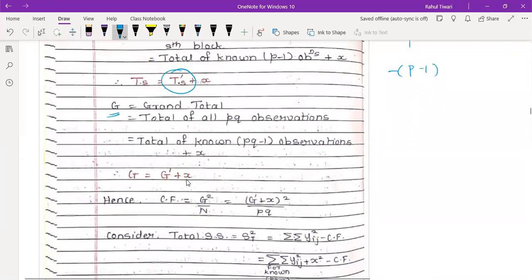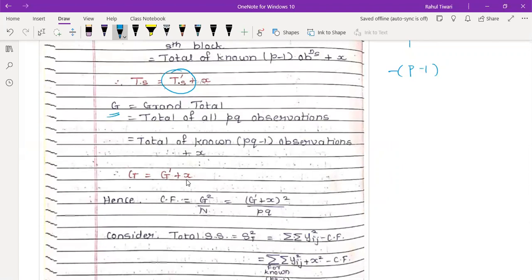It is G square upon PQ, the usual formula, but here G is G dash plus X, so the correction factor is (G dash plus X) square upon PQ.